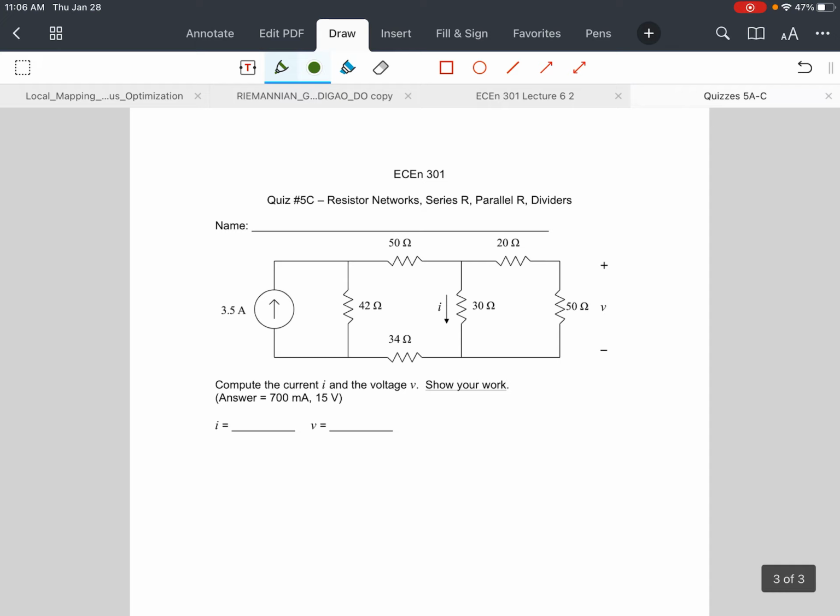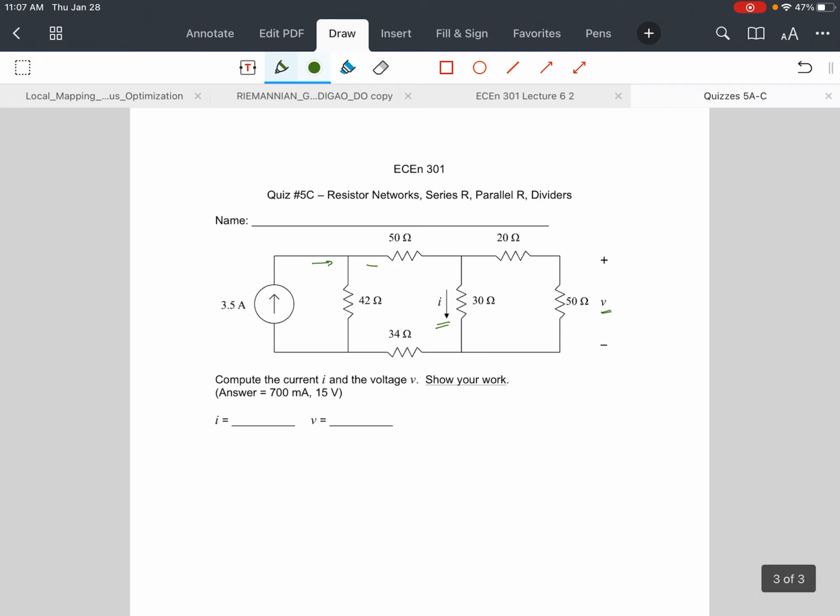Okay, so this is quiz 5C, and what we want to do is find this current I and this current V. There are lots of ways we might do it, but to find this current I, since we know this current's 3.5 amps, we could find how much splits down in this direction.